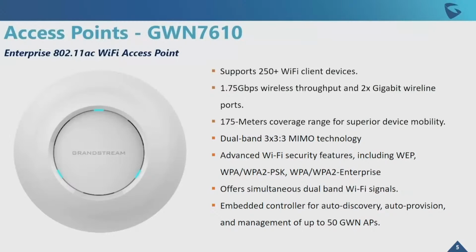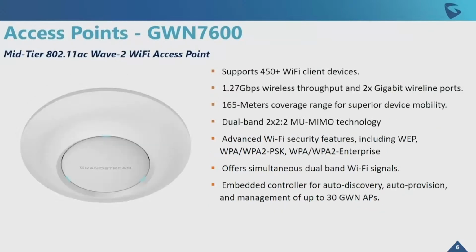The next access point that we have available is the GWN7600. This is a more recent release for us, and it is an 802.11 AC Wave 2 access point. Being that it's Wave 2, it does have increased capacity for concurrent clients, and the 7600 can support up to 450 concurrent clients. It has a maximum throughput of 1.27 gigabits per second with 2 gigabit ports.